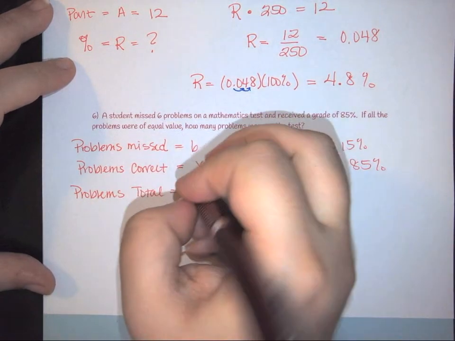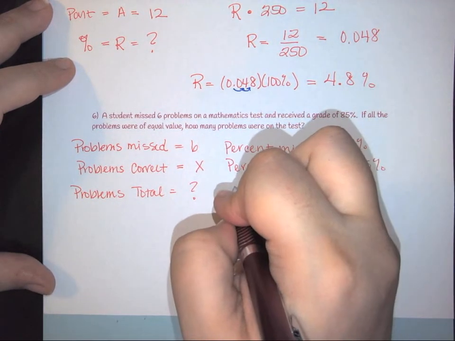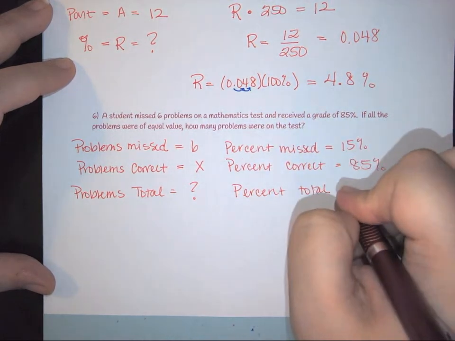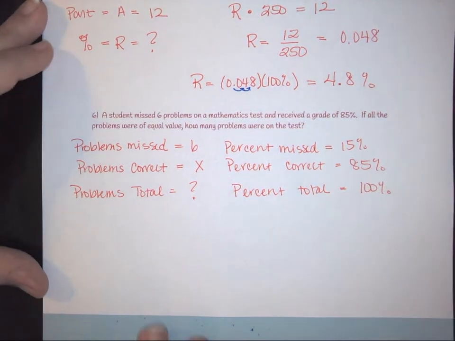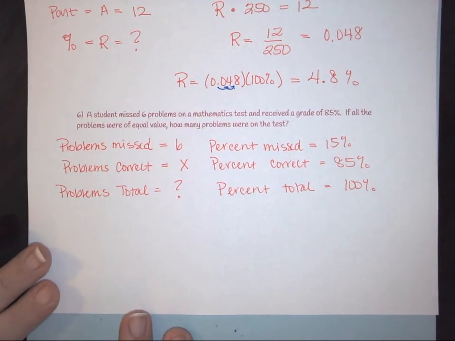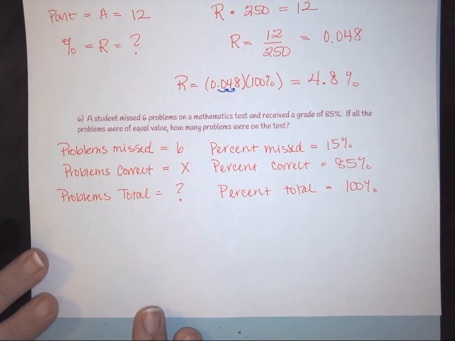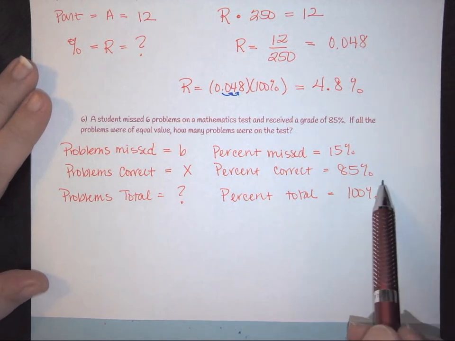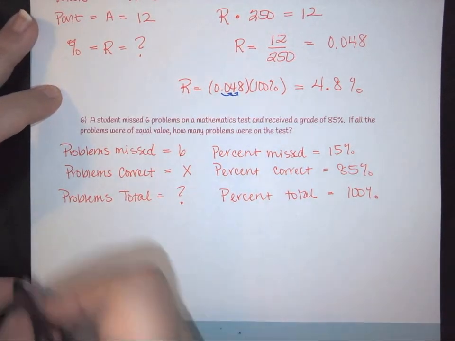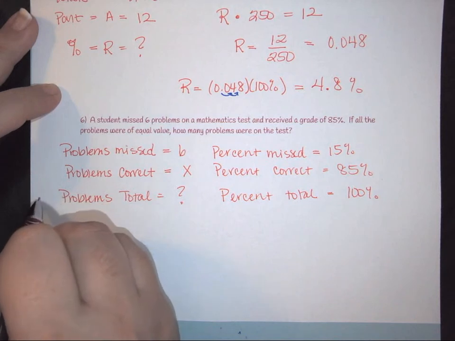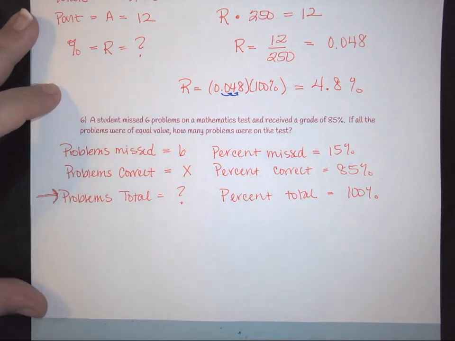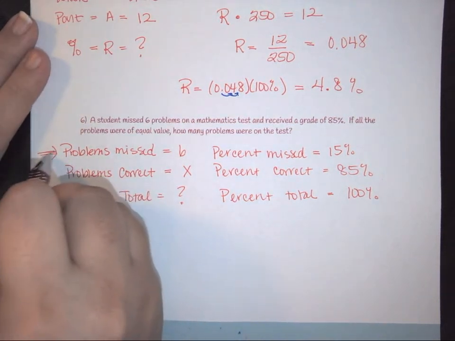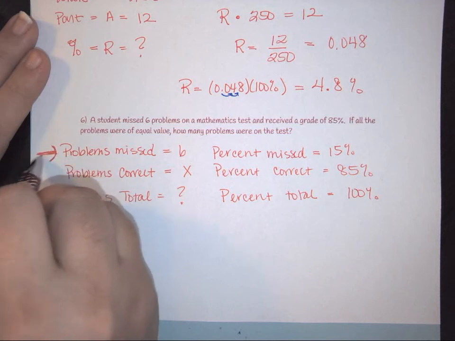Again, we don't know, but when we're talking about a percent total, that's 100%. So what we have to look at is how exactly, or what part we're going to use. Well, the part that we're going to use is we have to obviously use the total, because that is what we're looking for. But then with that, we need to use the only other piece of information that gives us a whole.